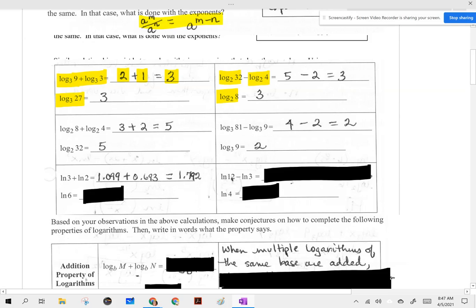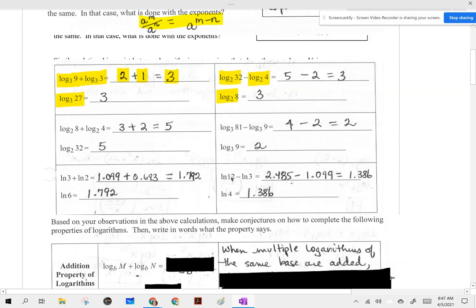And so again, in your calculator, you're trying to pay attention to what do you notice. Log base 3 of 81 minus log base 3 of 9, and then we have log 9, ln 3 and ln 2, and then ln 6, ln 12 minus ln 3 versus ln 4.